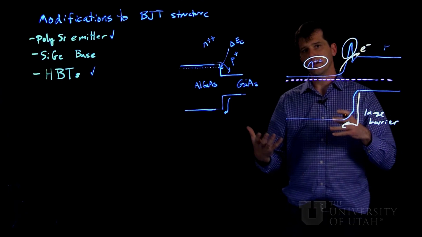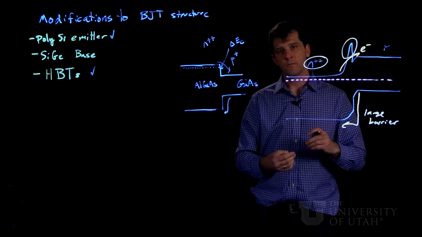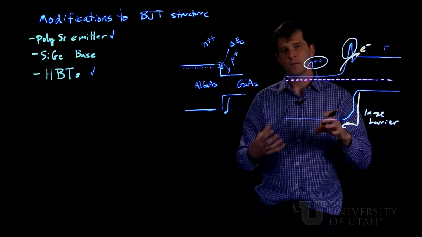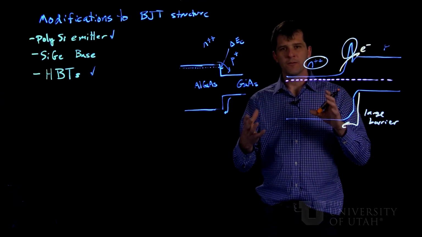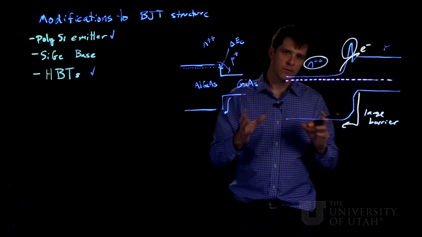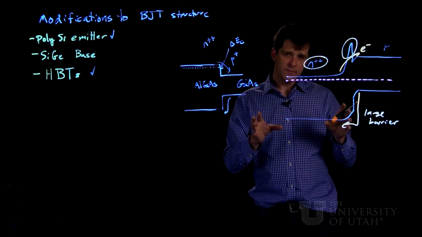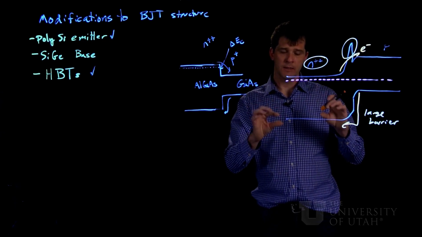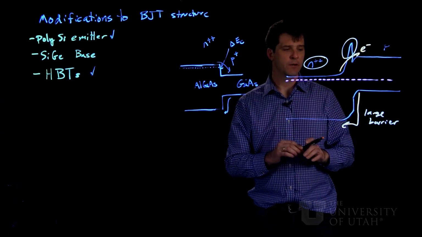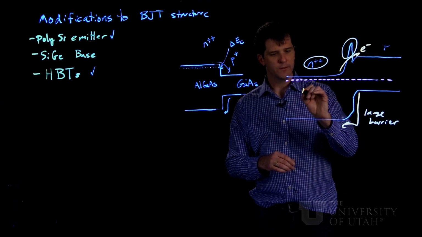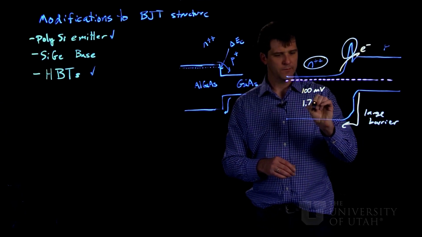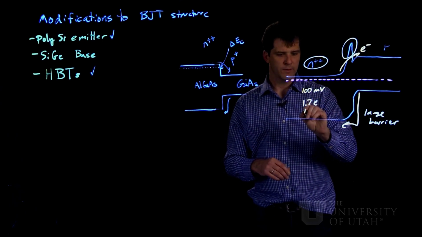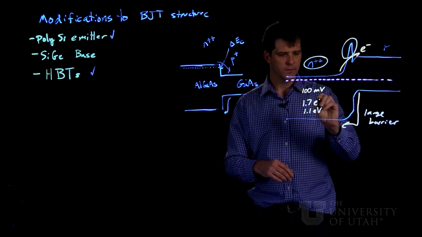So the Ni squared for materials like AlGaAs are many orders of magnitude smaller than those for silicon, having the same degree of band gap narrowing. So basically 100 millivolts compared to 1.7 eV is a lot smaller than compared to 1.1 eV.